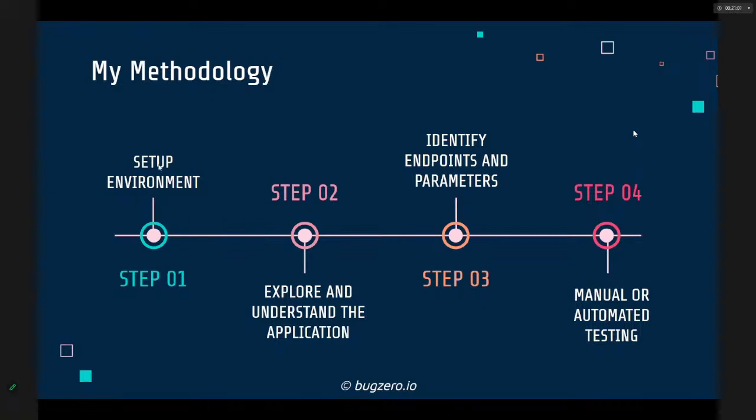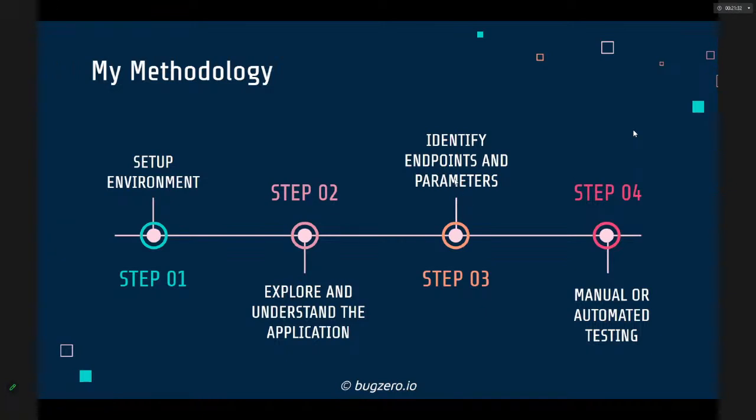So I first set that up, and then at step 2, I go for exploring and understanding the application. If it is a web application, I tend to discover all the pages, submit all the forms and all that stuff, and try to explore the application much deeper and understand the functionalities.